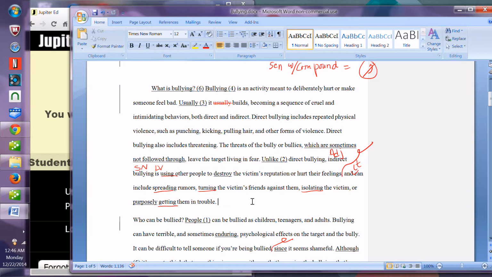Your last sentence here, unlike direct bullying, indirect bullying is using other people to destroy the victim's reputation or hurt their feelings. And it can include spreading rumors, turning the victim's friends against them, isolating the victim, or purposely getting him into trouble.